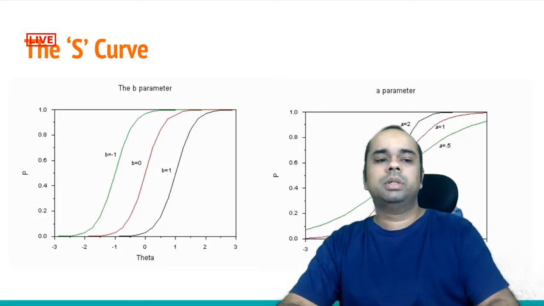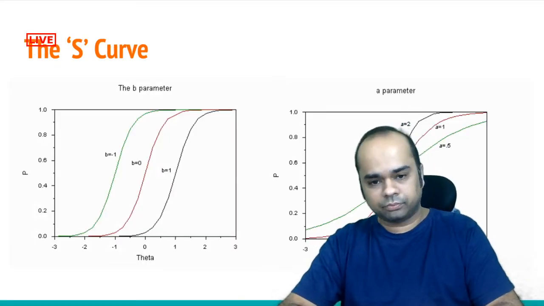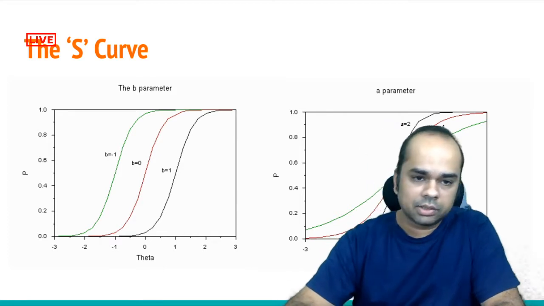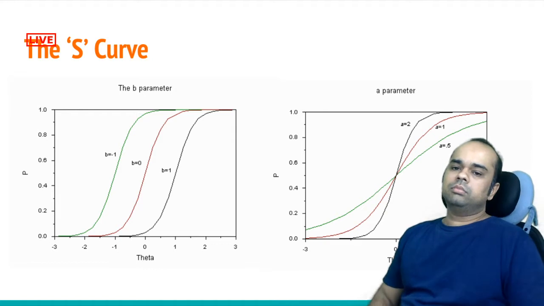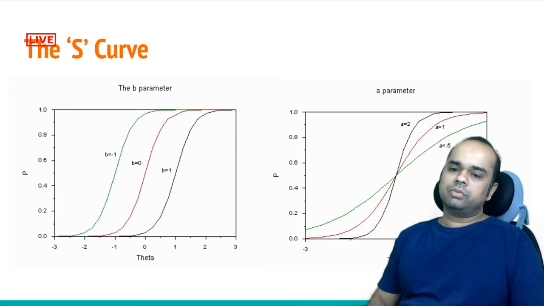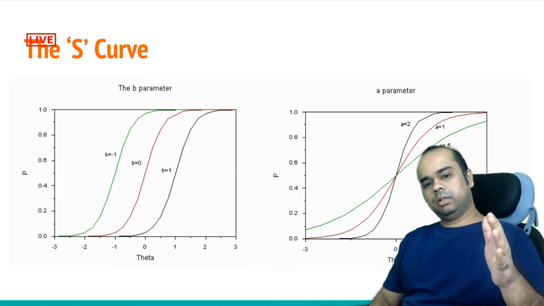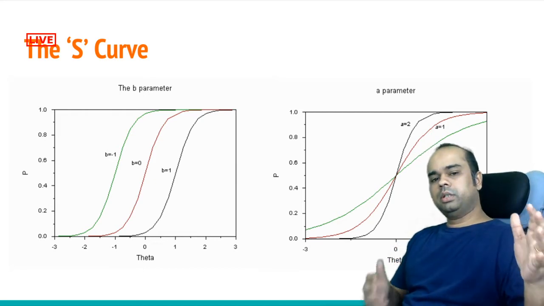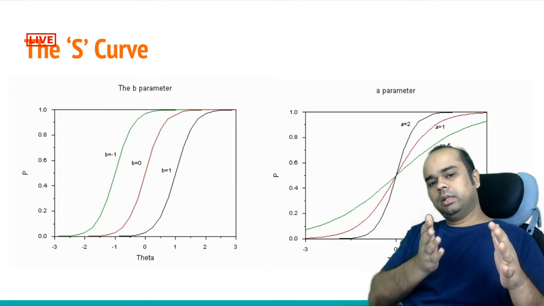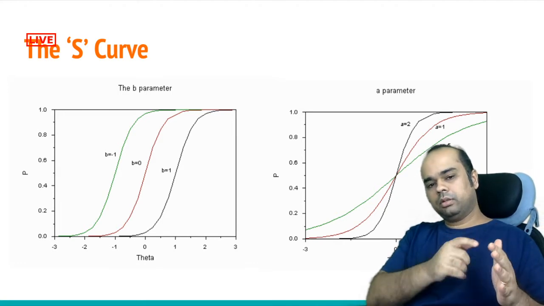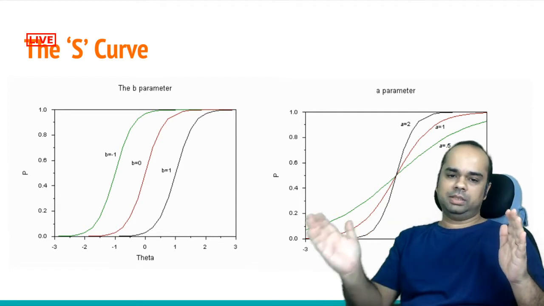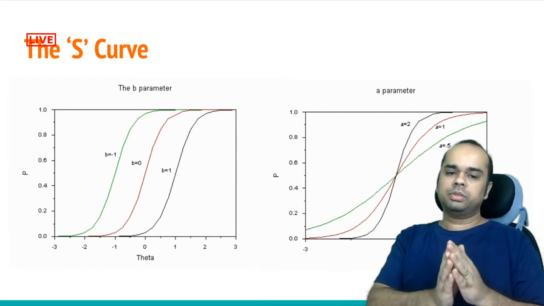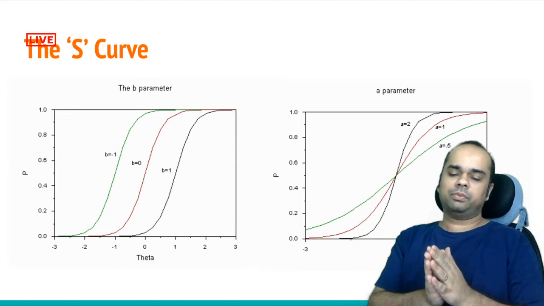Today we are going to look at what we call the S curve. In the S curve, there can be a family of S curves. On the left-hand side you can see three S curves which have similar slopes, but they are placed a little differently and spaced out.